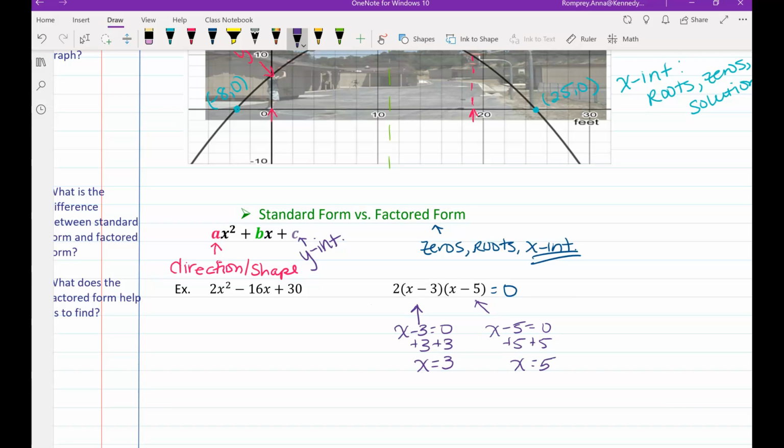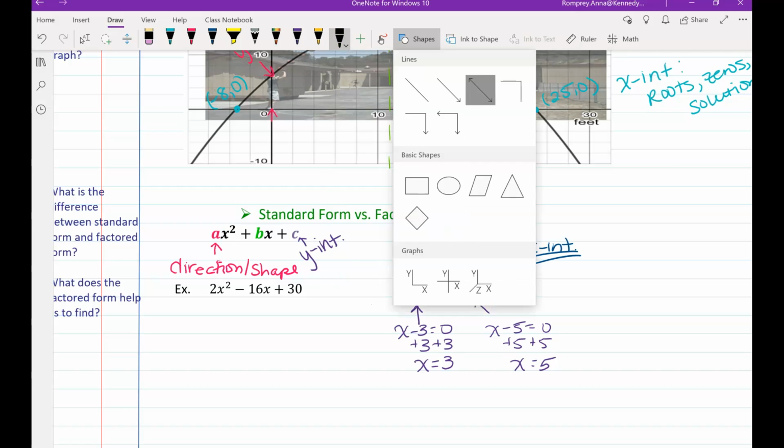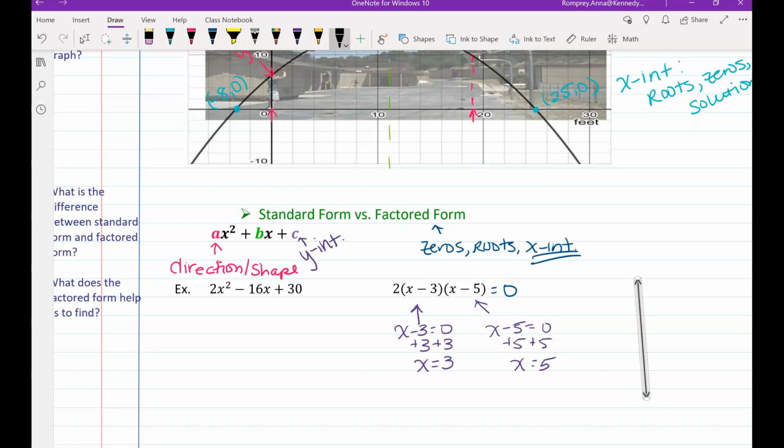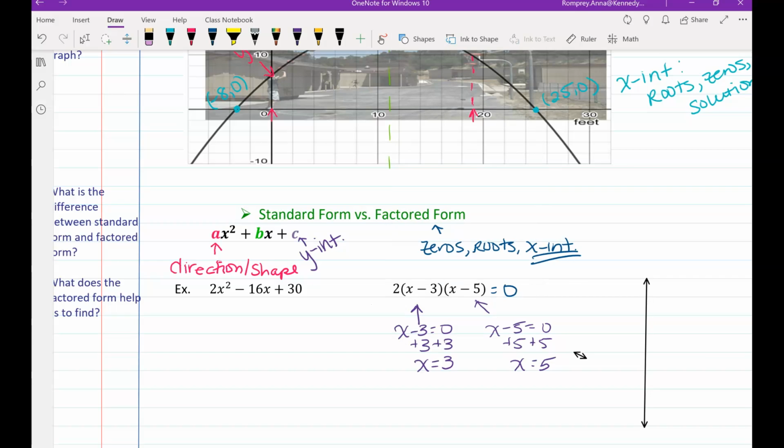So if I were to graph this, I would have x-intercepts at positive 3, and 1, 2, 3, 4, positive 5.